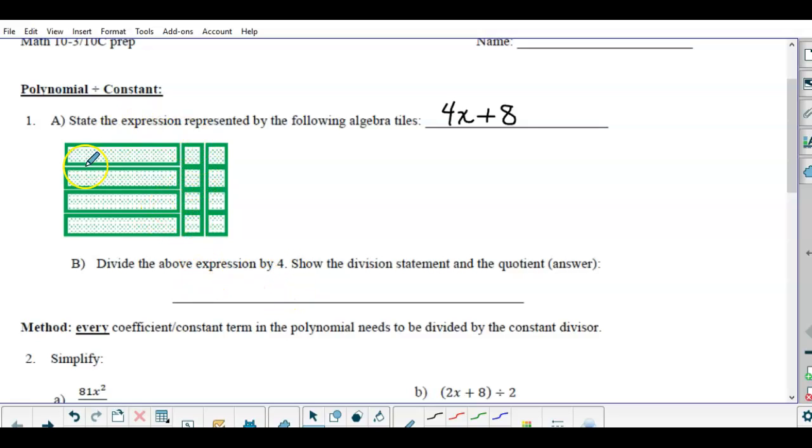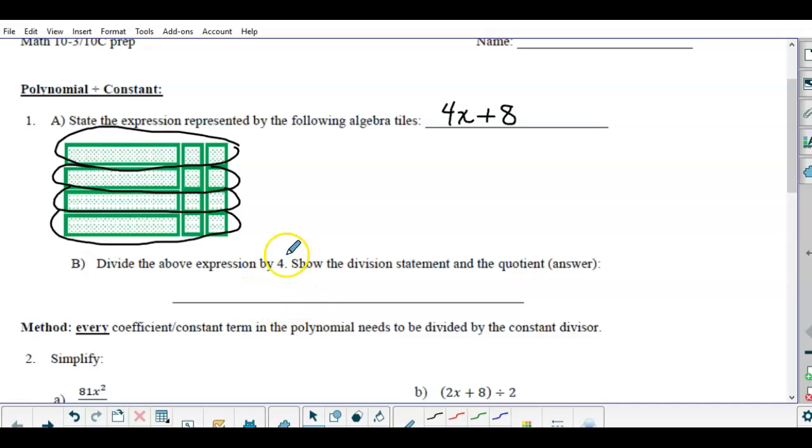So think about this shape here. If we have to divide this into 4, it means each part has to be exactly the same. So it makes sense that we're dividing this part and this part, this and this, because each one of those circles has the exact same tiles in it.